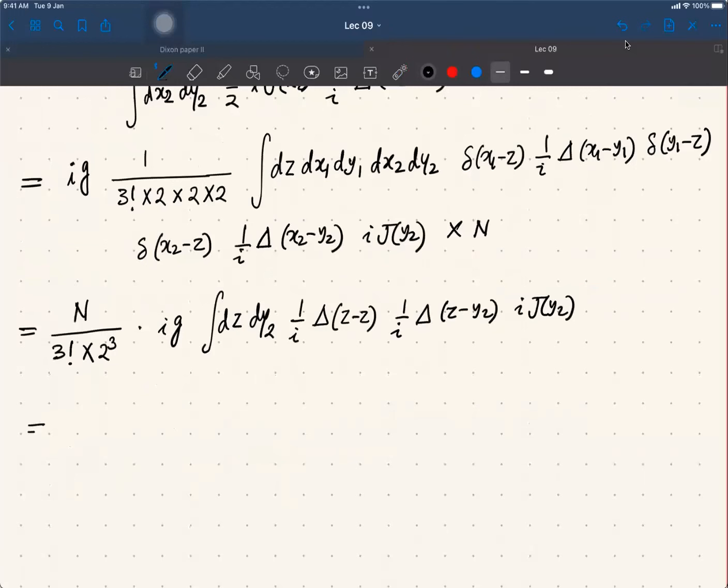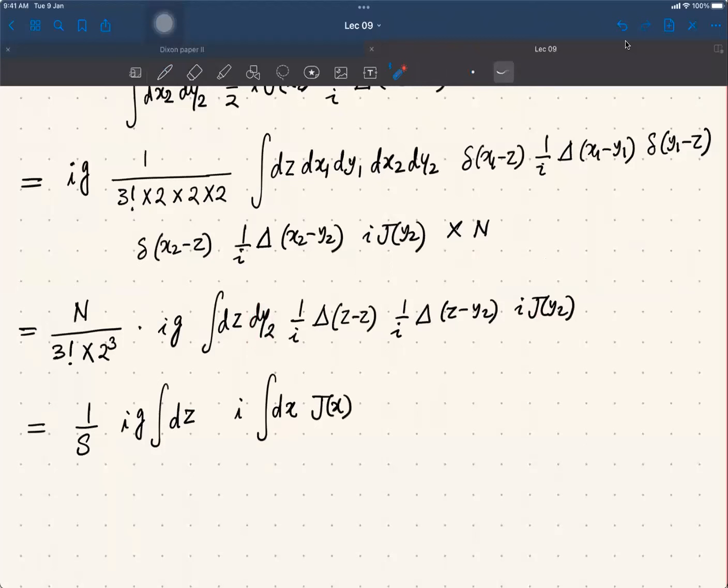So you can reorganize this in the following manner. It is 1 over s, this factor, n, the number of repetitions, divided by the factors in the denominator that are already there in the expression. That gives you 1 over s. And then Ig times dz, and then I dx jx, that is I'm renaming y2 to x.